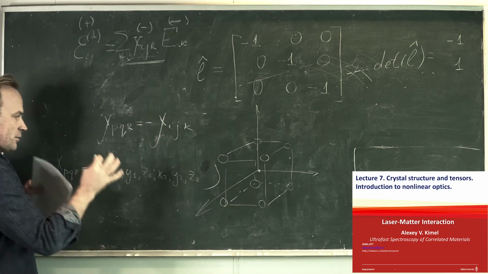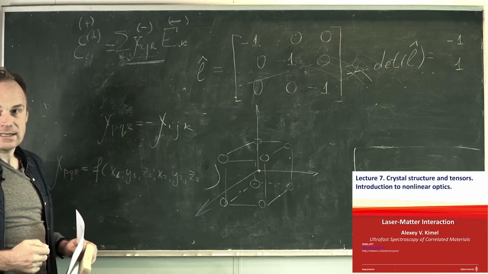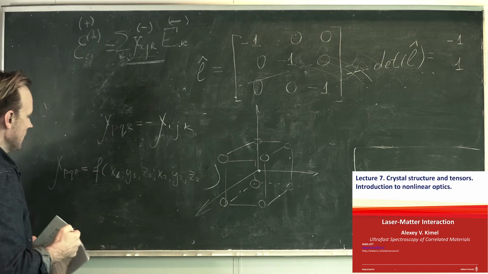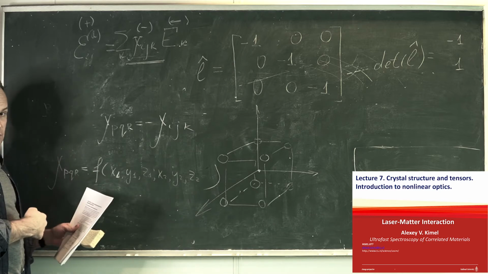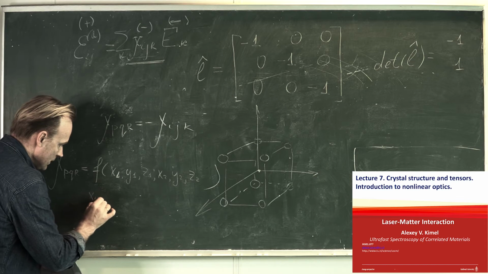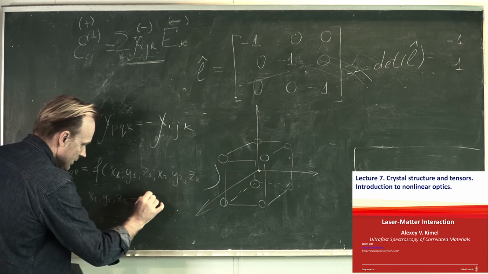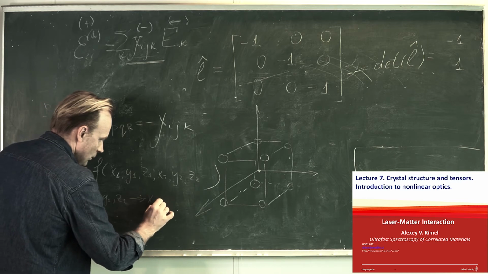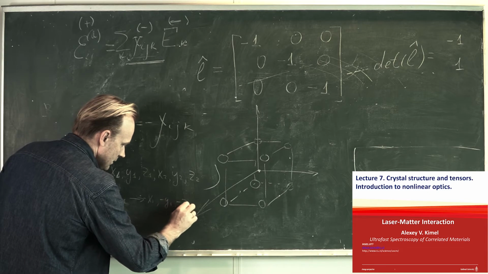A huge number of atoms, so imagine we found a function that depends on the position of all these atoms. And now you make space inversion. After you make space inversion, each atom with coordinates x1, y1, z1 would be substituted for an atom with minus x1, minus y1, minus z1.